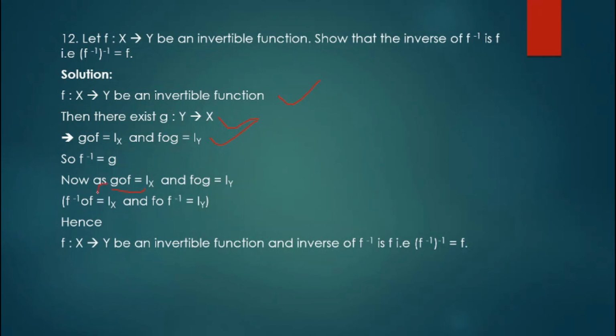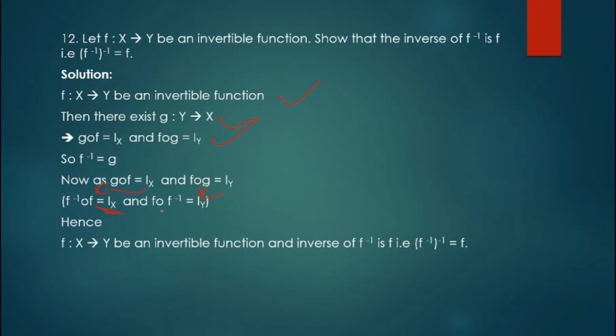So f inverse of f equal to I_X, that is this thing, and f o f inverse equal to I_Y. So that means f inverse of f equal to I_X is satisfying a condition for inverse function, right?